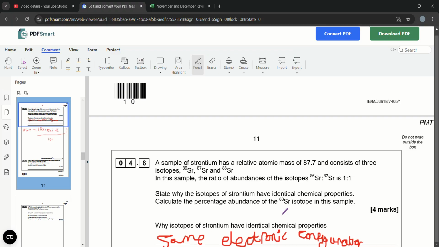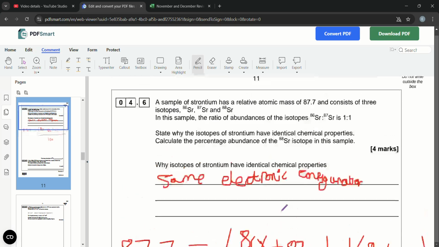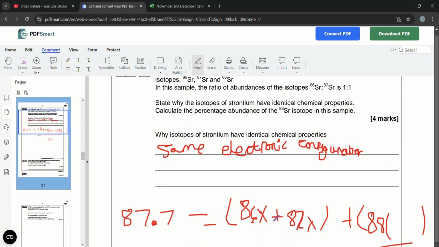We're trying to find the 88 isotope. Well, we've got 2 x's here, 86x and an x here.